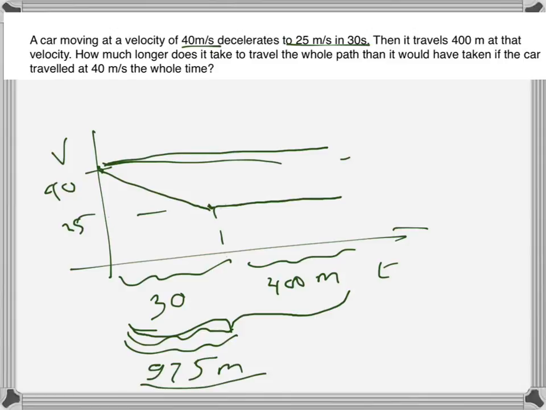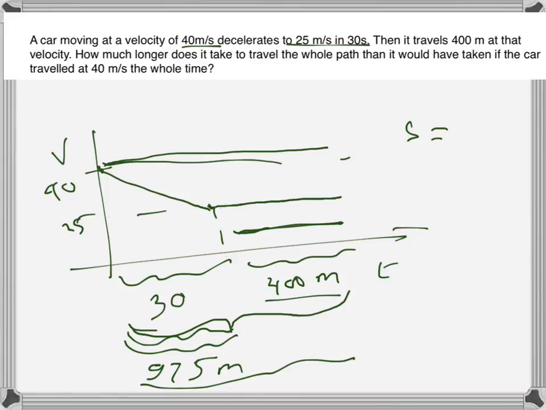So the total distance now we know. First we need to find the total time. So we also need to find how much time this 400 meters takes at the velocity of 25. We can just use s is equal to vt, because that travels at a uniform velocity.